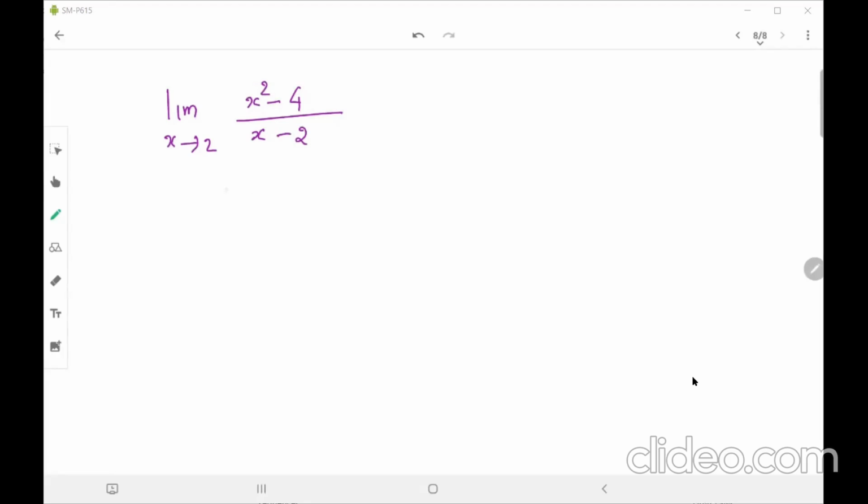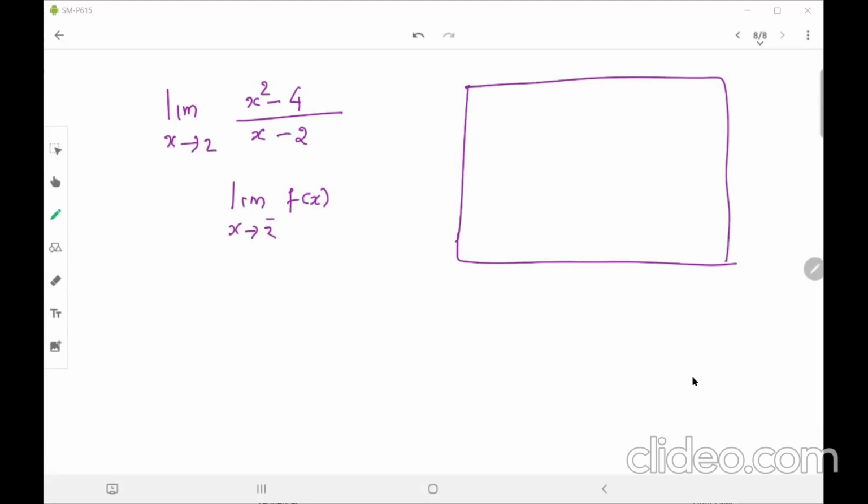So what do I do? I find the limit as x tends to 2 minus of this function. So I draw a table. Graphically, I just explained how to do this. Now I explain how to find this limit numerically.